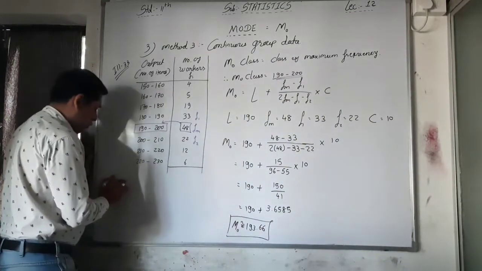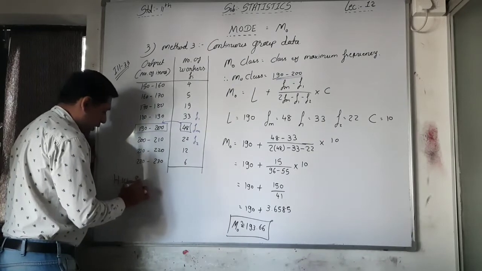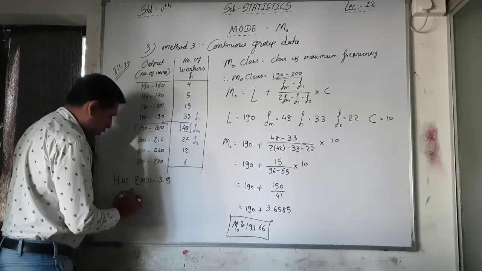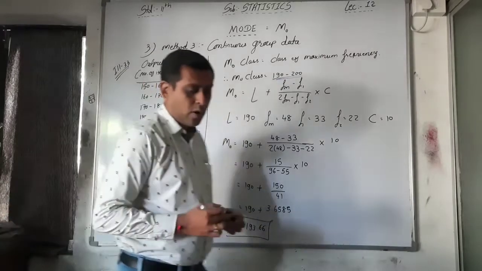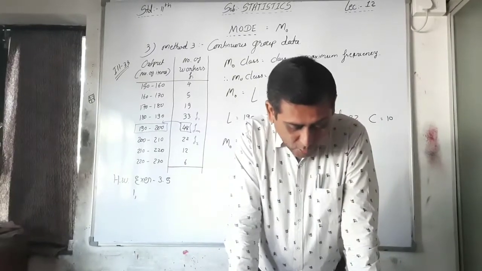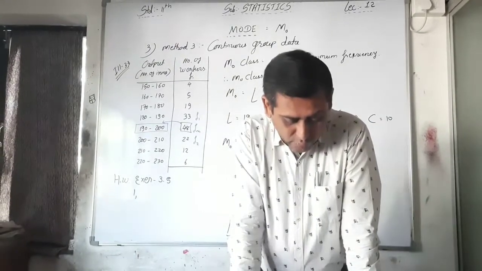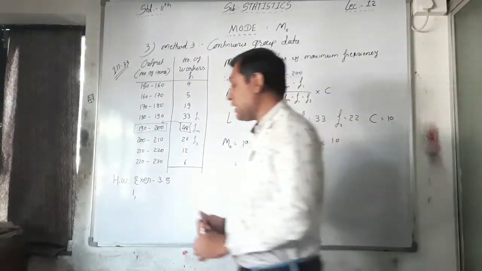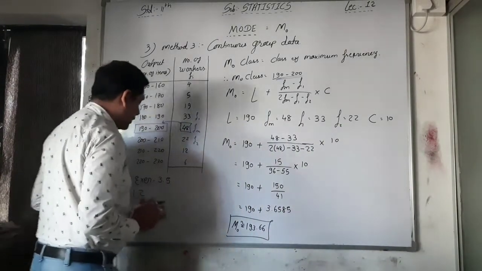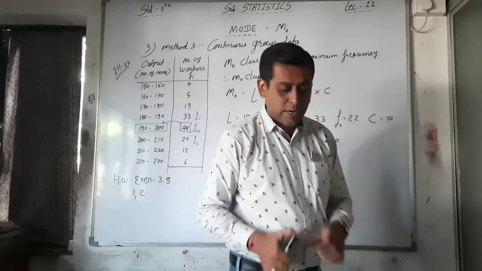So here your homework, Exercise 3.5, question number 1 is your homework because it is ungrouped data and you have to find the mode. The second one, find the mode. This one is discrete group data. So again, you can find these also.